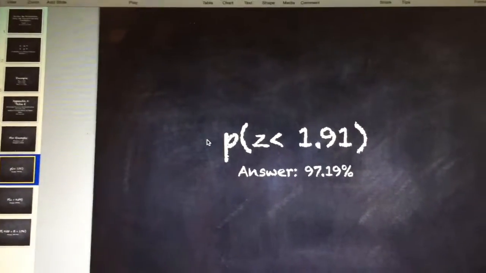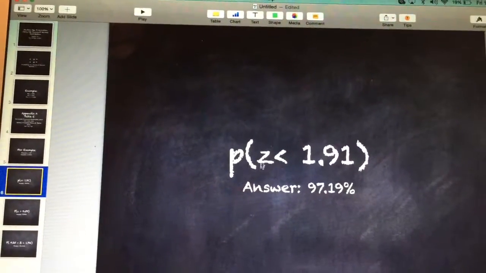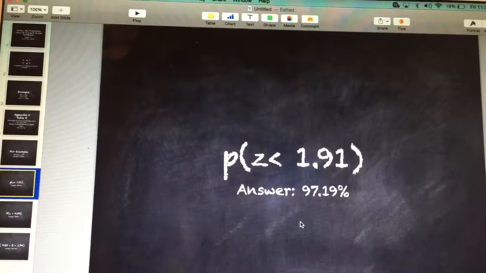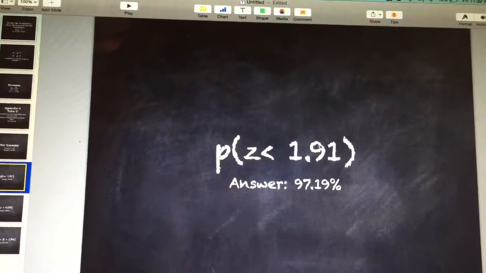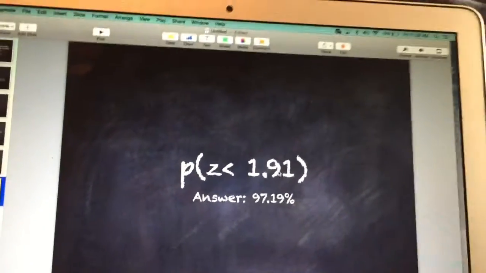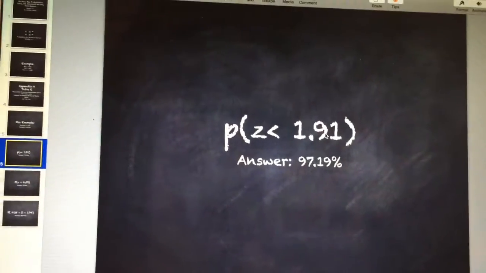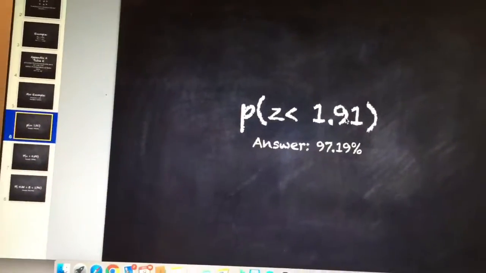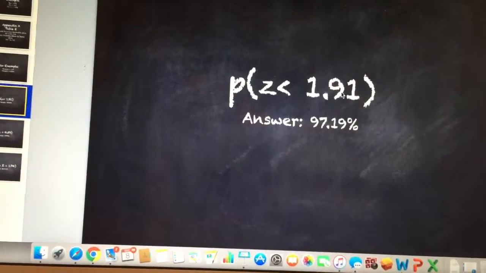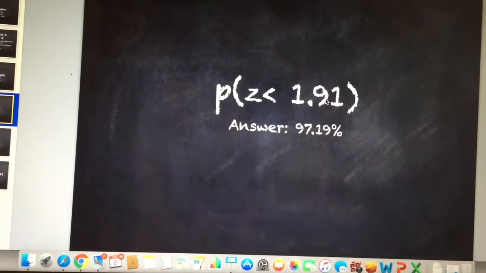So let's actually try to find the probability of the standard normal distribution. In this notation, this says to find the probability of the standard normal distribution less than 1.91. So when doing this, we need to go to the back of our book, go to 1.91, so we go down 1.9, go over 0.01, and we should get 0.9719.